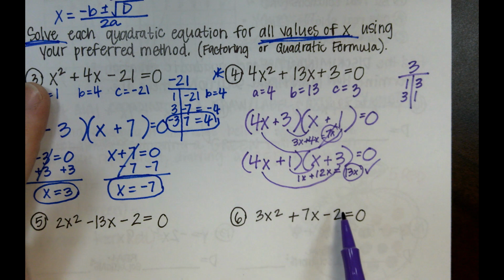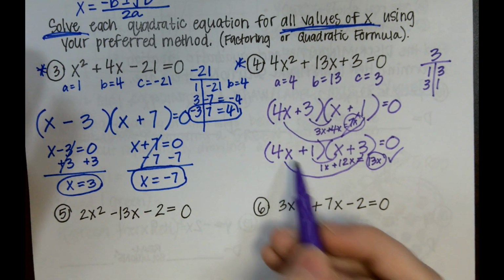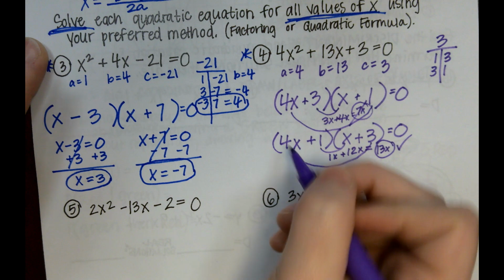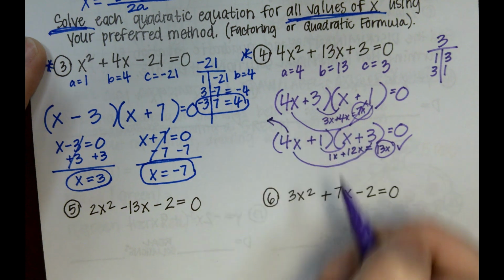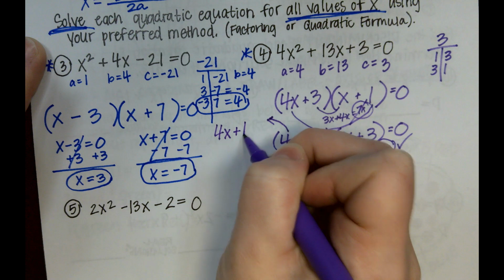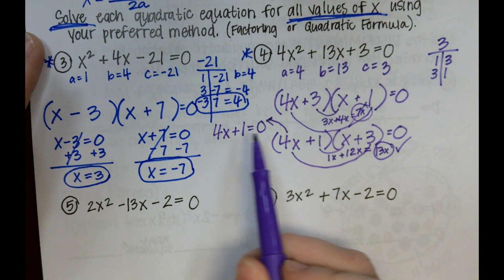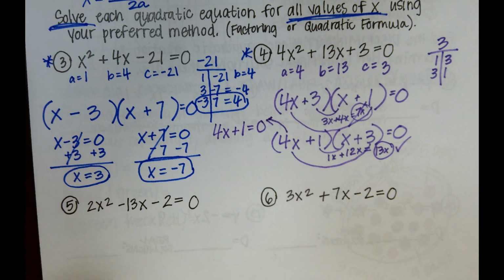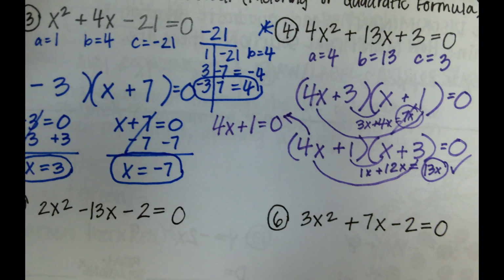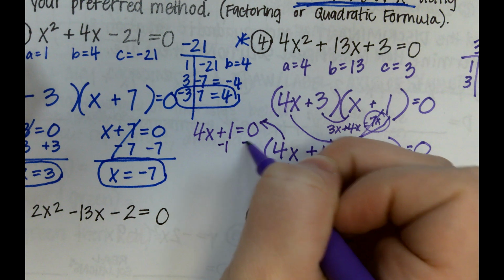How do I solve for my values of x? We're going to make 2 equations. Let's start with 4x plus 1 equals 0. So how am I going to solve for x here? Good. We're going to start by subtracting 1 from both sides.